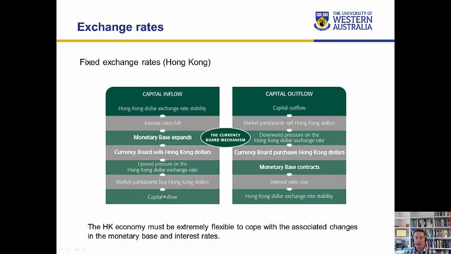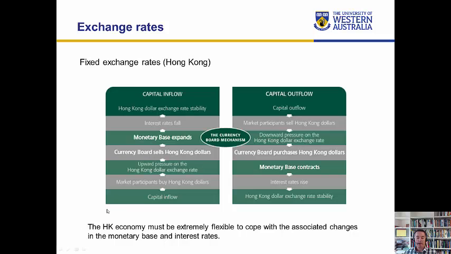So what we've got is money flowing in because the Hong Kong economy is performing very, very well. There's a boom underway. Production growth is strong, employment growth is strong, GDP growth is strong. That's the scenario that I've created.